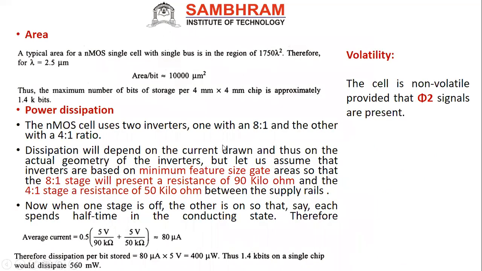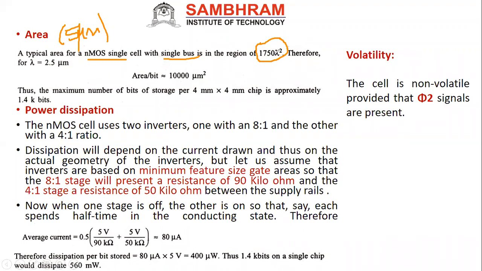Now here we have to find out the same 3 parameters. The first parameter is area. The typical area of an NMOS single cell with the single bus is, as I said earlier, 1750 lambda square. Therefore, if I consider 5 micrometer technology, where the channel length of the polysilicon is 5 micrometer, then 1 lambda is 2.5 micrometer.